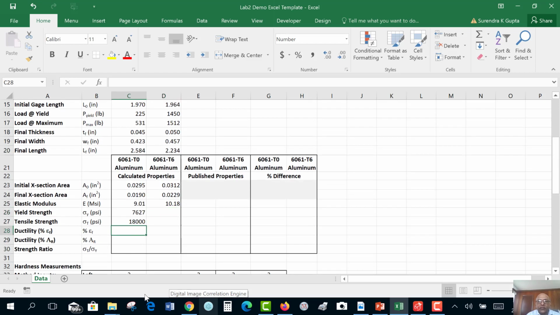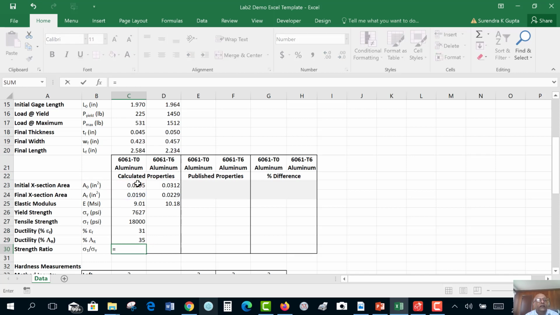Okay, percent elongation to failure. So this is final length divided by original length minus 1, times 100. Reduction in area. Remember, for reduction in area we wanted a positive value, so we'll do 1 minus final area over original area, times 100.